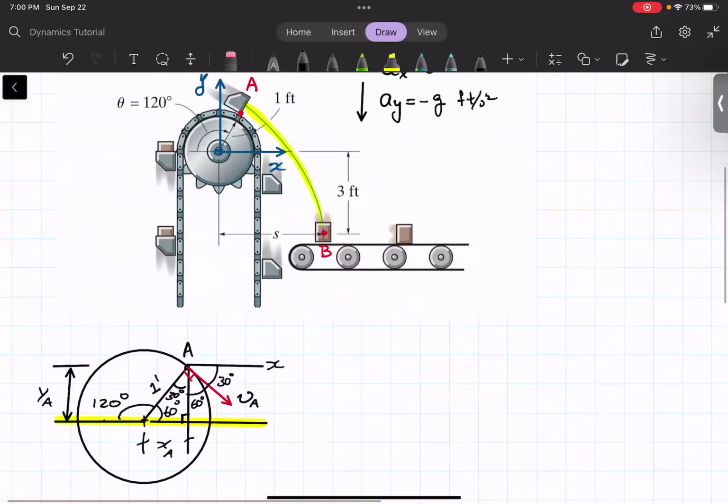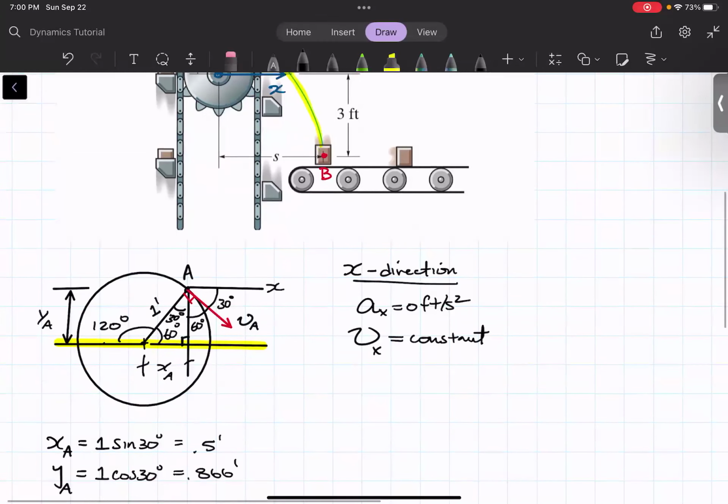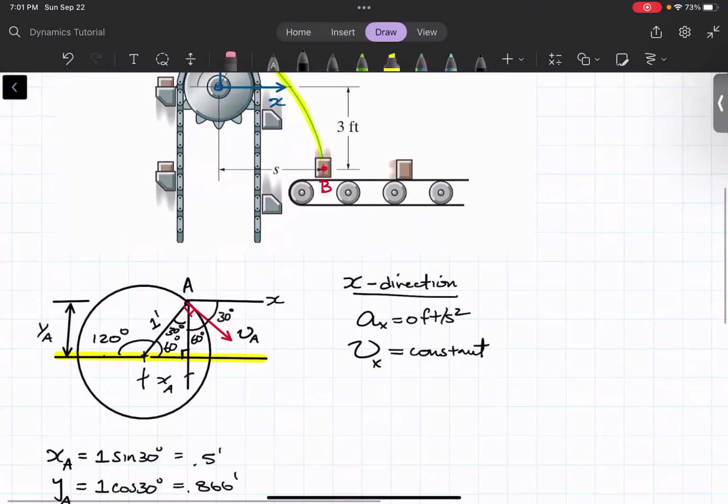We'll start with the horizontal motion, or the x direction motion. Remember, projectile motion is a special application of rectangular coordinates where ax is equal to 0 feet per second squared, which means that the velocity in the x direction at any instant of the projectile motion is constant. So we'll solve for the x component at A of the velocity.